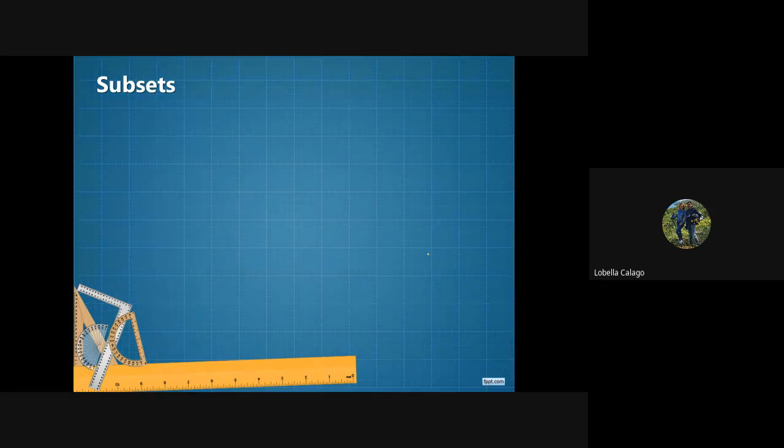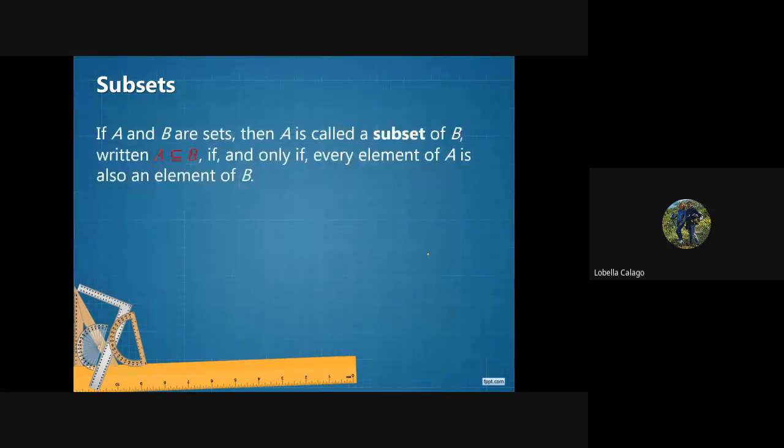Okay, what are these? So ang subset, pag ganito yan po ang ating subset. If A is called a subset of B, written as A subset B, if and only if every element of A is also an element of B. So lahat ng element ng A ay nasa B. Pero si B, it doesn't mean lahat ng elements sa B ay nasa A. Only A. Kasi siya yung kanyang subset.